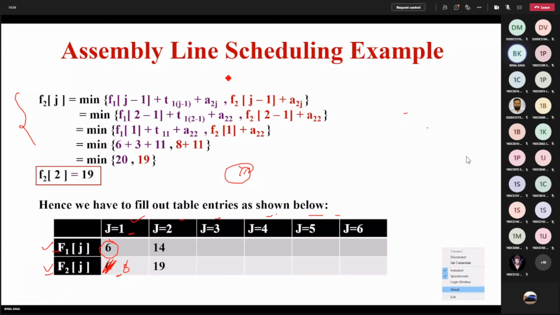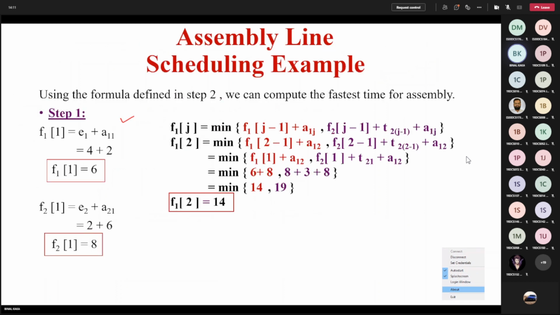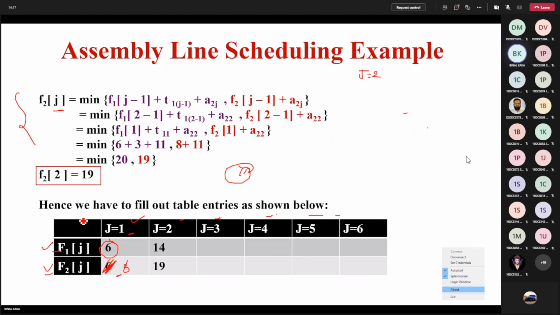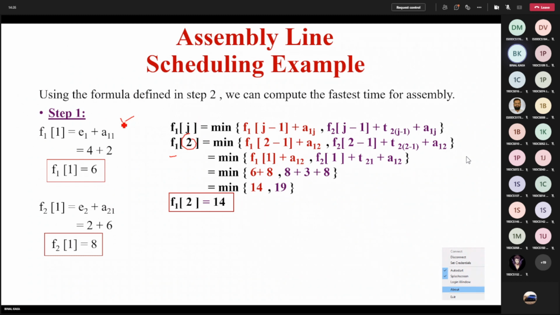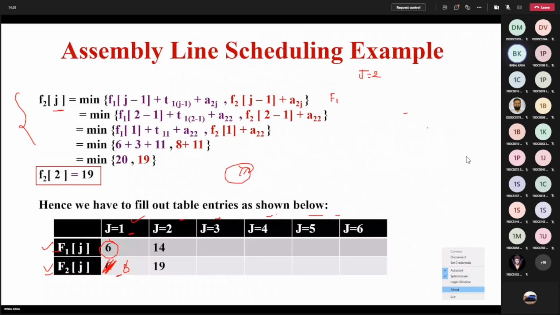If j is equal to 2, then we have to use this formula, right? First we'll fill f1, then we'll fill f2. So let's take f1, j is equal to 2. I was going to copy the formula, no, let's just write it, copying won't work.